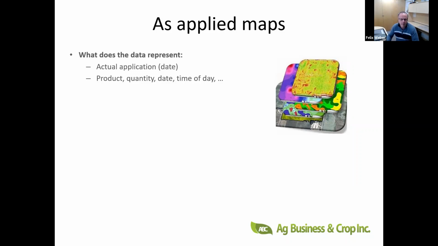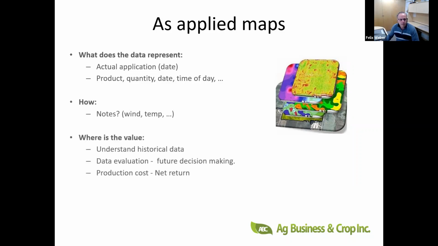So what's the weather data information behind it? As an example, when you go out spraying and you don't know what the wind was, that data set to me is incomplete. So wind, temperature, etc. Where is the data best used?